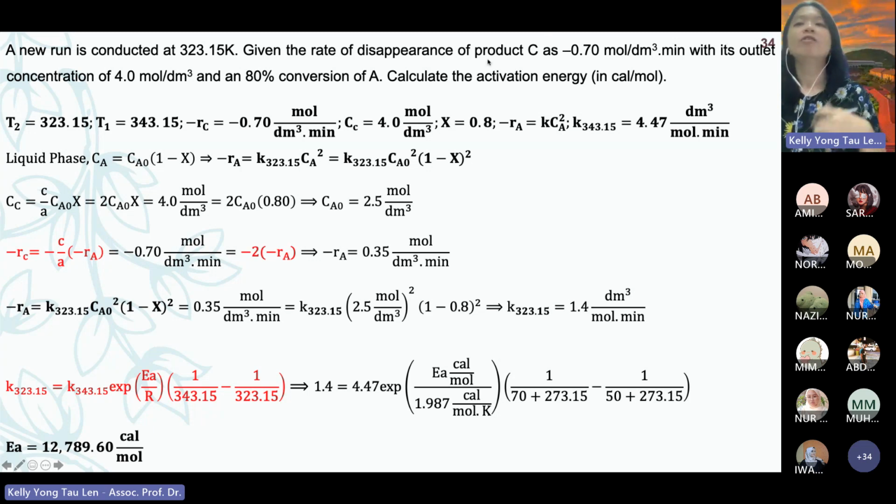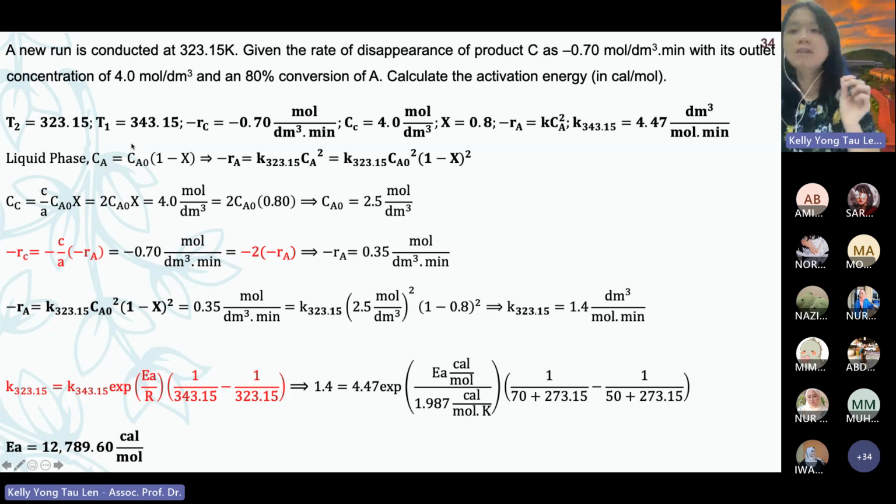If you remember, rate of disappearance tu adalah minus R, kan? Sebab kalau rate of formation positive R, rate of disappearance is negative R, and they say this is C for product C. So they give you negative RC sebagai negative 0.70. So again, negative di hadapan R menandakan it is rate of disappearance.